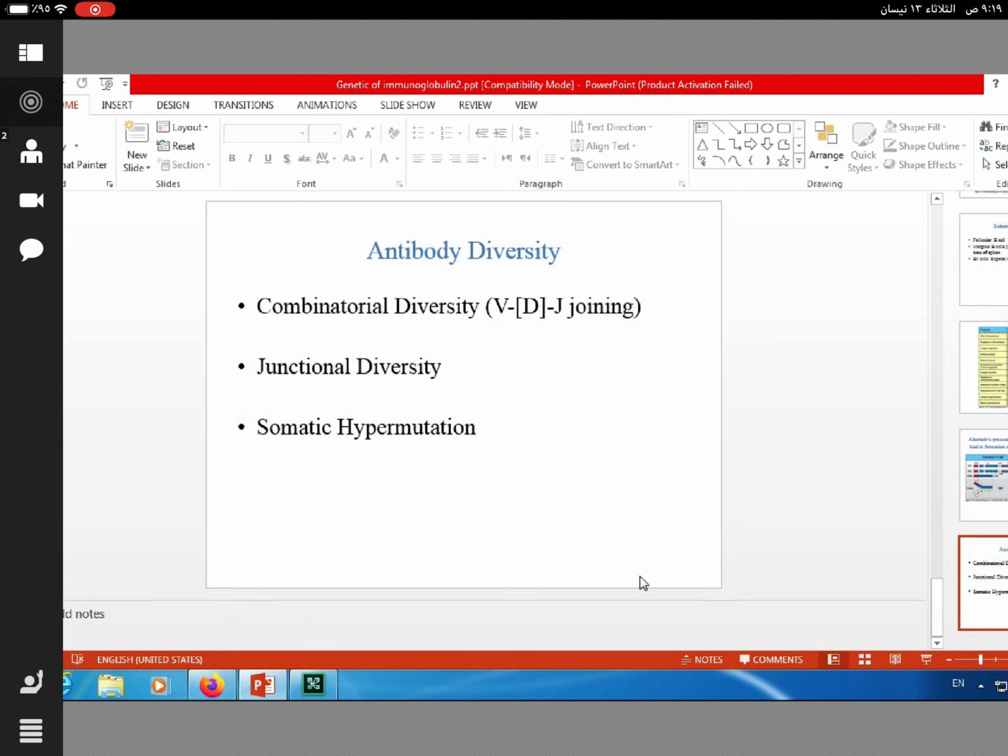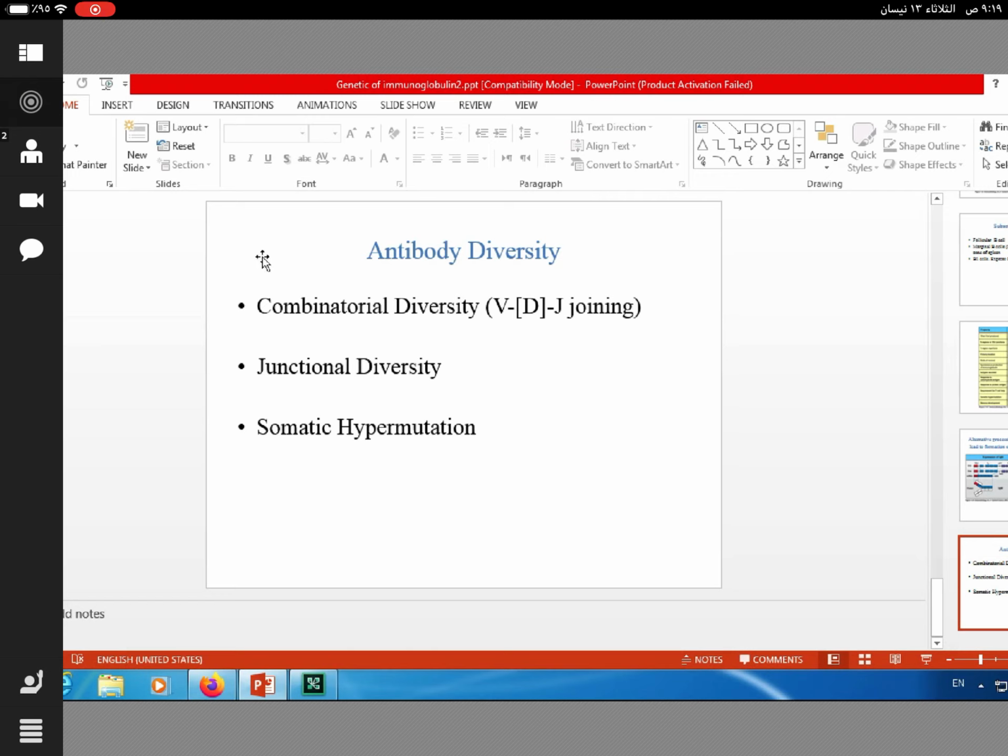So, antibody diversity. Three mechanisms are involved, depending on the stage of B cell development.